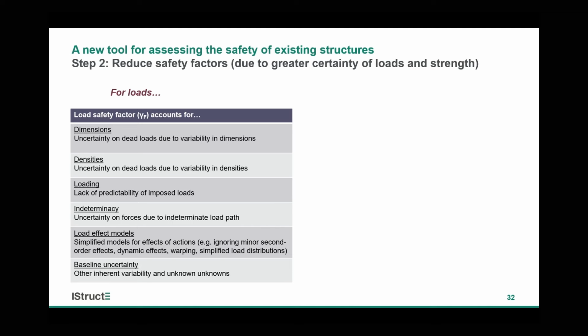We've got lack of predictability of variable loading, that's the third category. Then there's a level of uncertainty with indeterminacy of structures, and this is when we're looking at effects of actions. We often don't know the exact effects of those actions inside our structure. Then when we're doing design, there might be modeling simplifications.